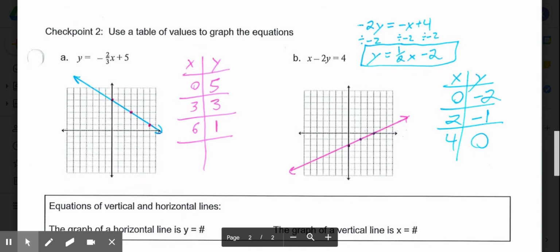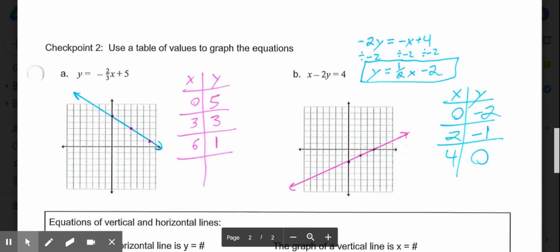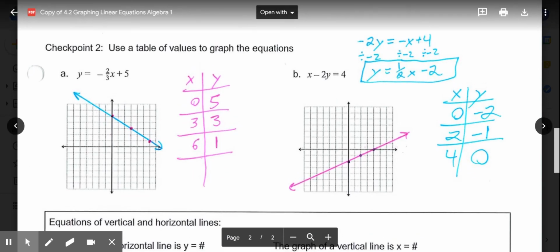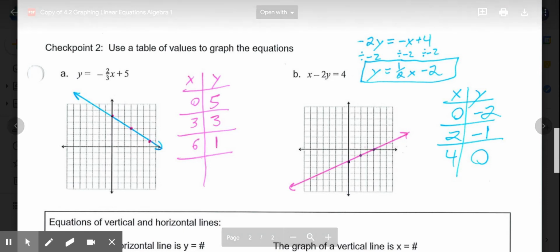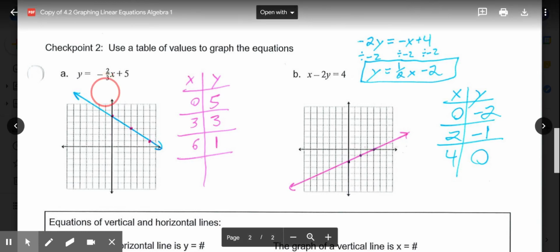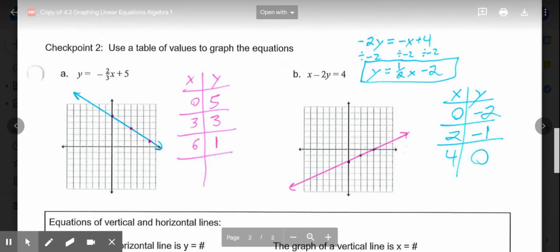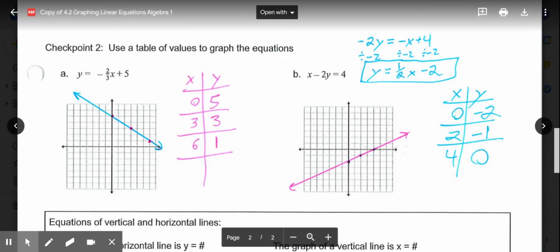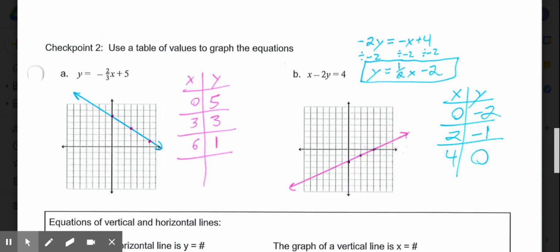So then we're going to practice with 2 more of these. Our first equation in A is already in function form, y equals -2/3 x plus 5. What I notice is the fraction attached to x, so I want to put in numbers that can be divided by the bottom. So I'm going to use 0, 3, and 6. 0 times anything is 0, plus 5 would give us a 5. So over 0, up 5.